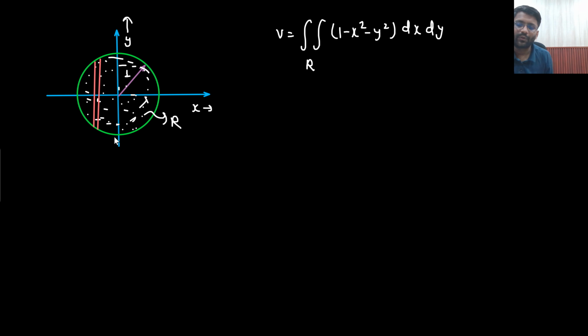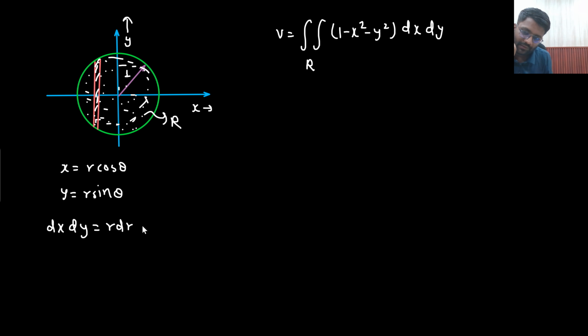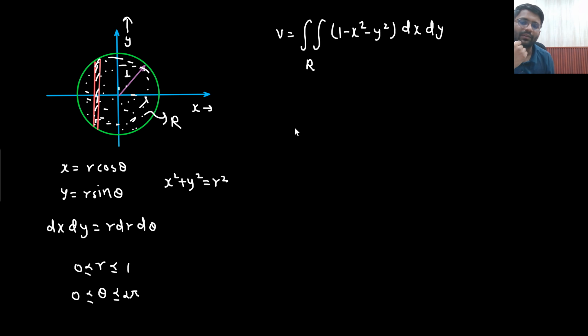So what will we do? We will take the help of the polar coordinate system. What does the polar coordinate system say? x equals r cos theta, y equals r sin theta, dx dy becomes r dr d theta, and x square plus y square equals r square, with r going from 0 to 1 and theta going from 0 to 2 pi.